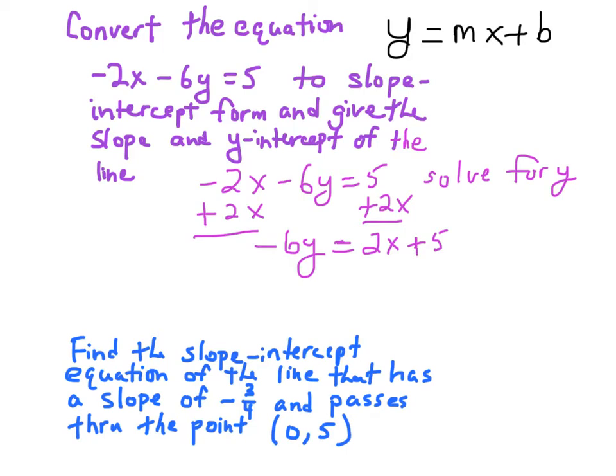Now, let me just rewrite the equation, and I'm going to multiply both sides by negative 1/6. I could divide by negative 6, but it'll be a little easier if we use the reciprocal here.